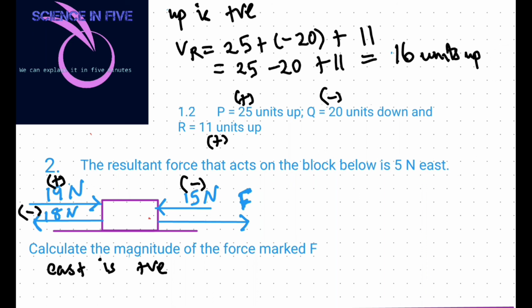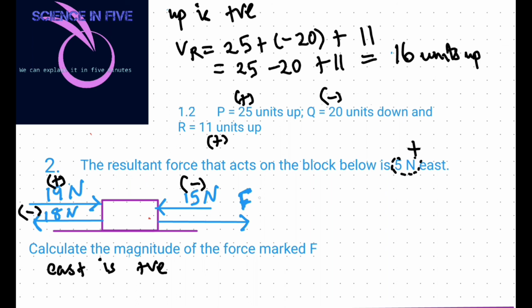Okay, so when I add all these forces, I'm getting a 5 Newton east, which is also a positive force. So let's add all these forces up and equate it to the resultant, which is 5.